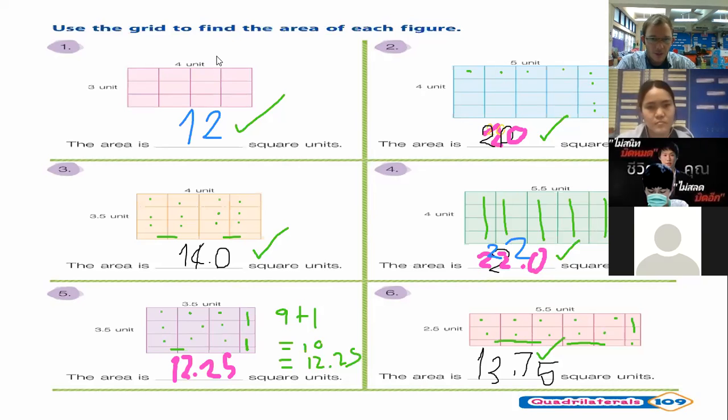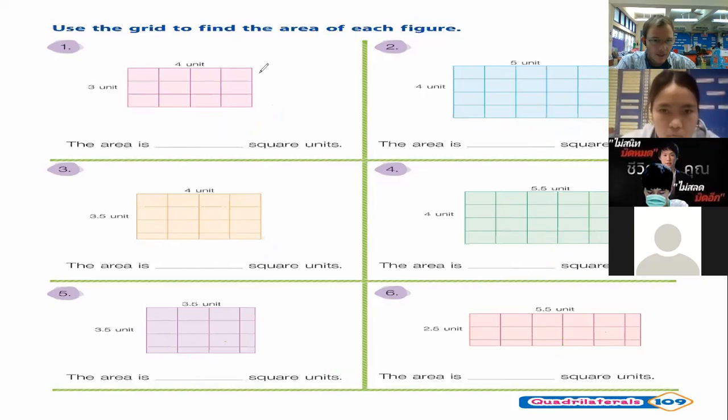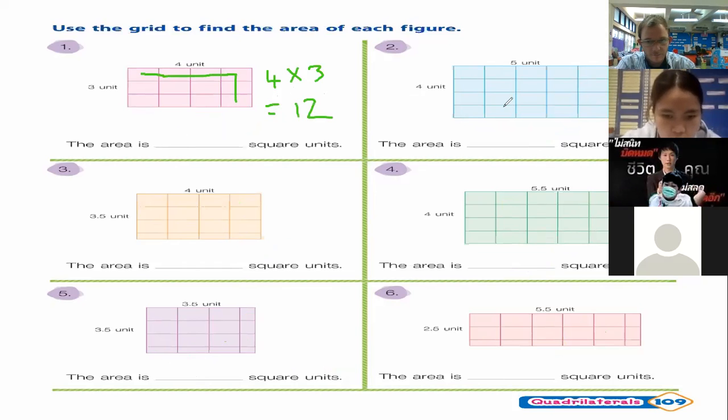So the first way we can do that is by saying length times width, meaning 4 times 3 equals 12. Over here at the bottom also we can do 5.5 times 2.5.